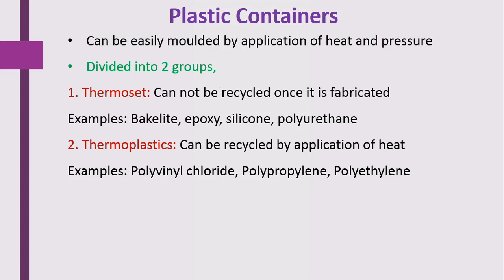The manufacturing is done once. For examples, some of the polymers are bakelite, epoxy, silicone, polyurethane. These examples come under the thermoset plastic materials, so they cannot be recycled. The second type of plastic material is thermoplastics.